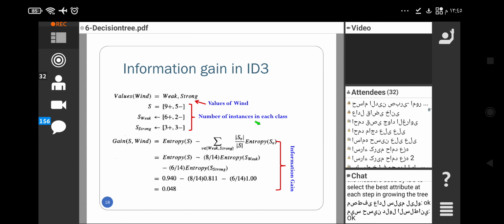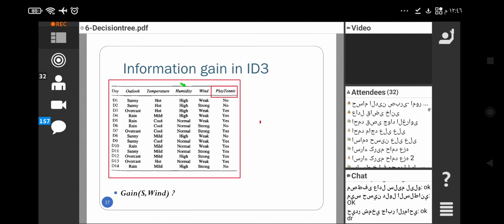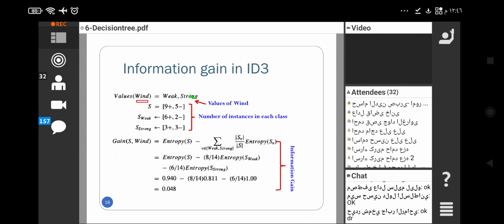Okay, first we see that the wind feature has 2 values: weak and strong. We look in the training data, we see that the wind feature has 2 values: weak and strong. Okay, so our data, S means the whole data.